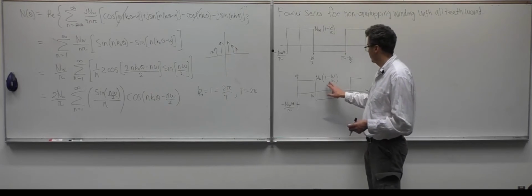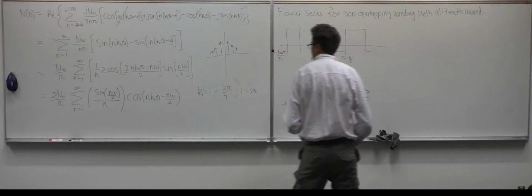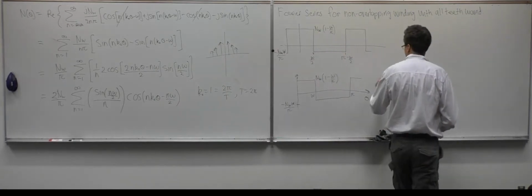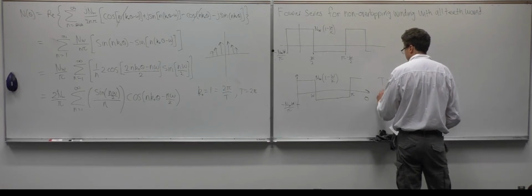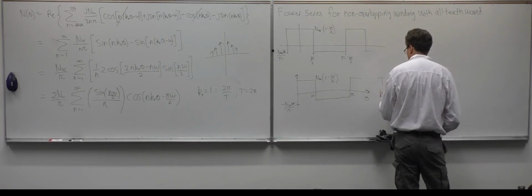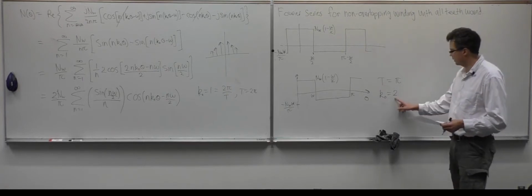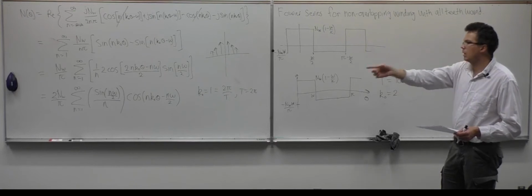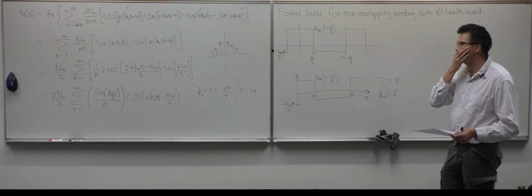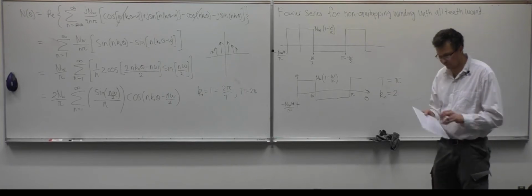This magnitude here has got a pi rather than 2 pi as well, right? So instead of T being 2 pi, T is pi, and therefore k naught becomes 2. Okay, so we can use that. So we can use the same winding function pattern, Fourier series that we used before, which is helpful.